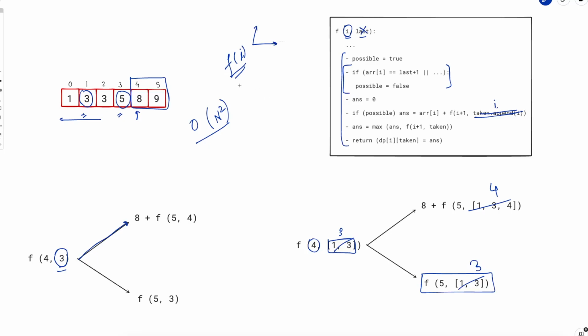So this path is only possible, let's say you are at 4, 3 and you decide to take 4, right? And if you decide to take 4 and you call f of 5 again without last, then it's a wrong statement, because when you try f of 5 it will try out both the paths, one where array 5 is taken, and one where array 5 is not taken.